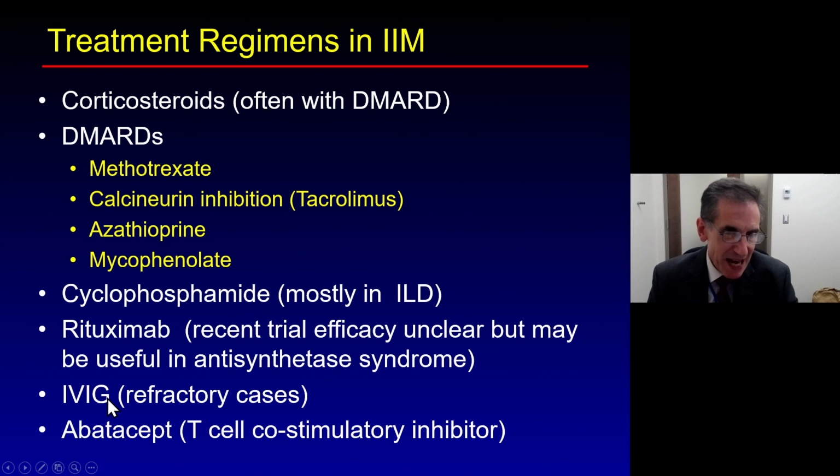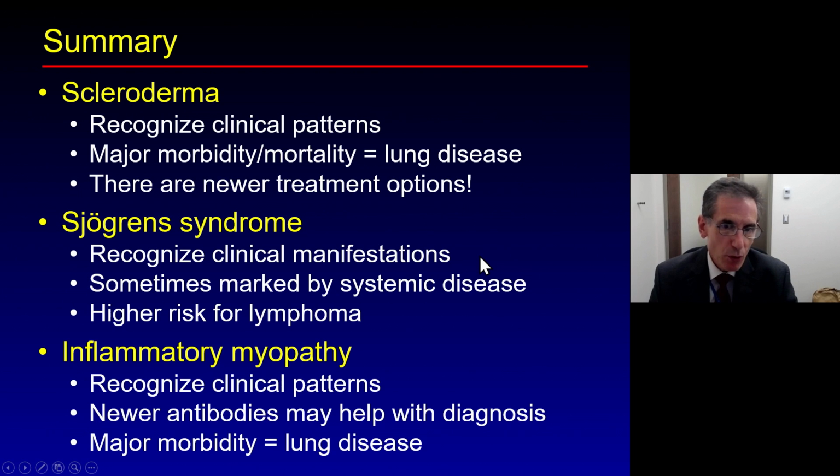We use IVIG in patients who have severe muscle involvement or refractory disease. There may be some role for T-cell co-stimulatory inhibitors, such as abatacept, and there are numerous other active trials going on in inflammatory myositis. But suffice to say that most patients get high doses of steroids in combination with a DMARD at some point. So in summary, you need to recognize clinical patterns.